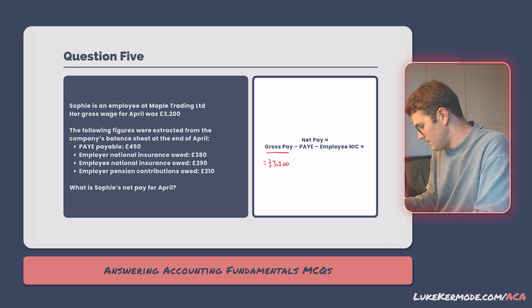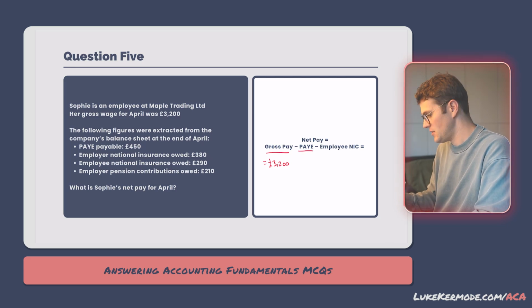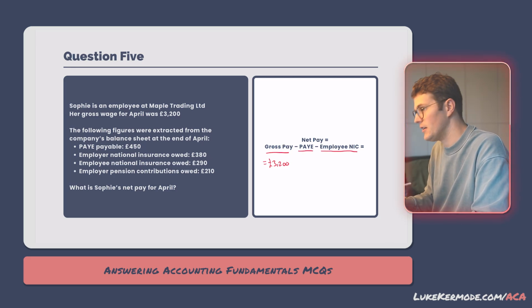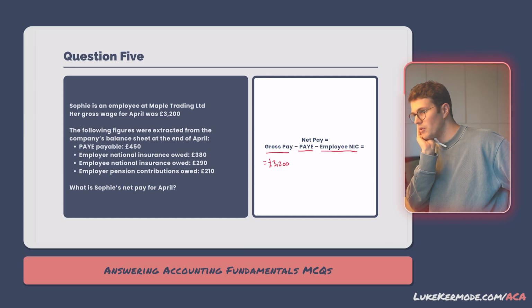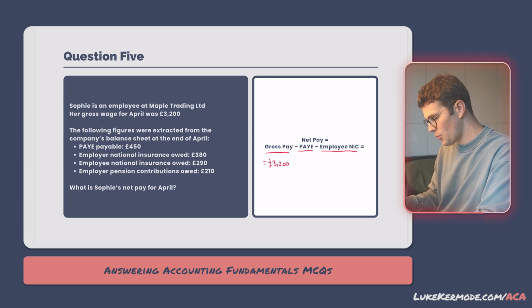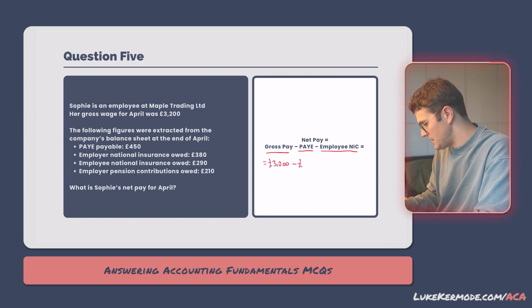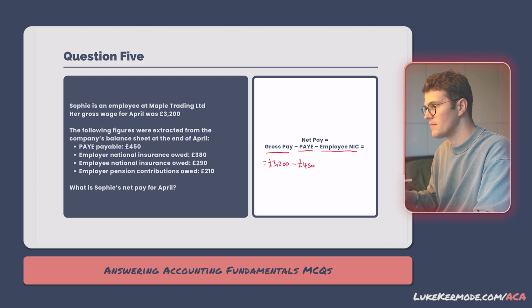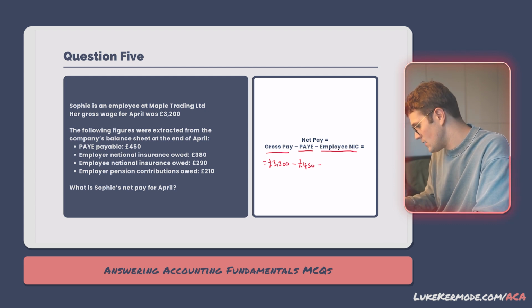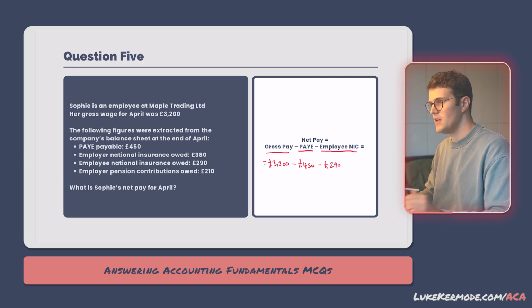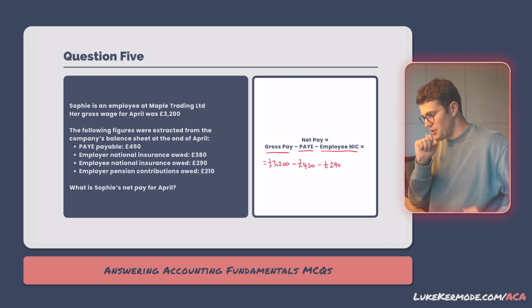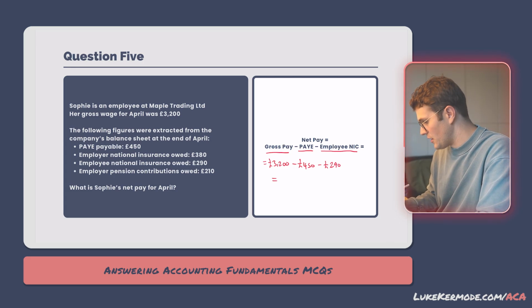These are typically PAYE income tax and employee national insurance. So from the information we've been given, we know that PAYE is equal to £450 and employee national insurance is equal to £290.